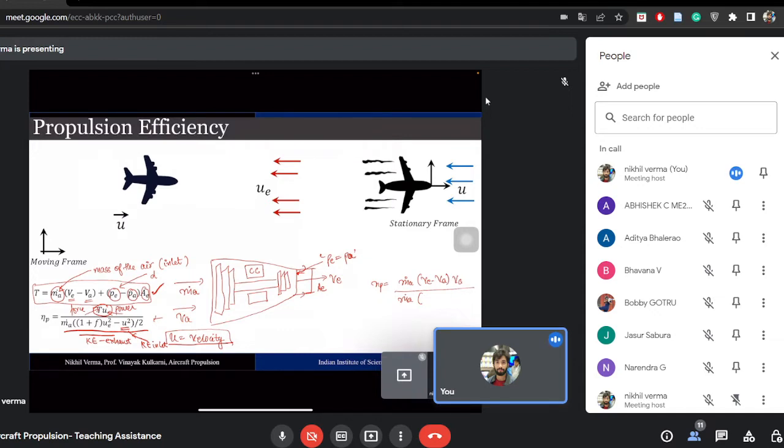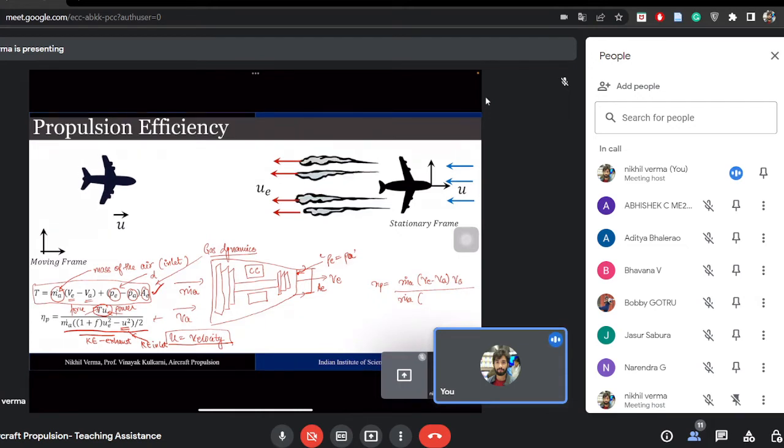This will be clear when we deal with the gas dynamic aspect of the flow. This is because of the gas dynamics consideration.